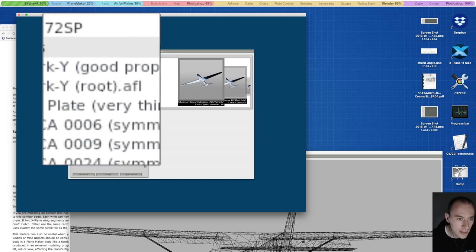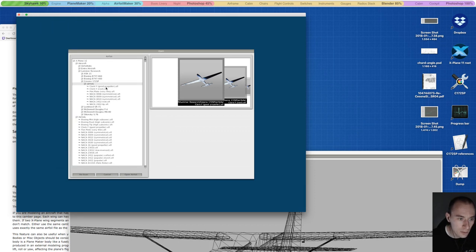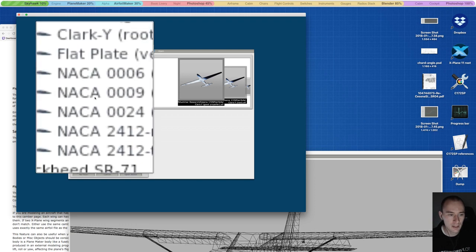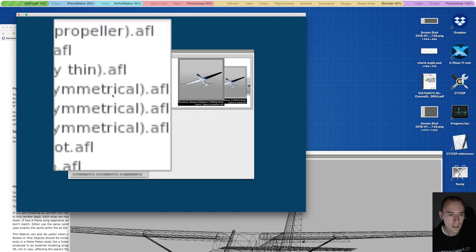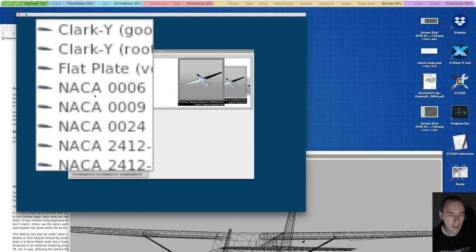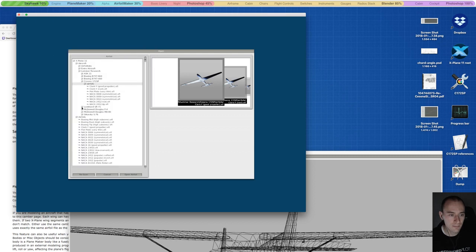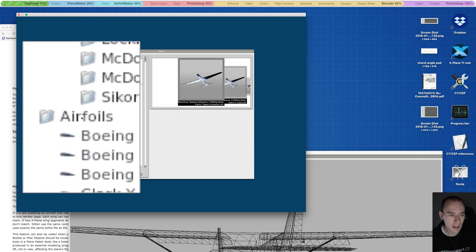So apparently these are the airfoils that are loaded up with the default 172. We got a good propeller, a root. I think these are not necessarily unique, they're just copied. These seem quite familiar, the exact same airfoils that we also saw in the template airfoils folder.